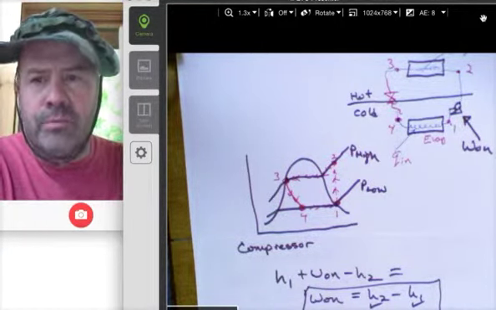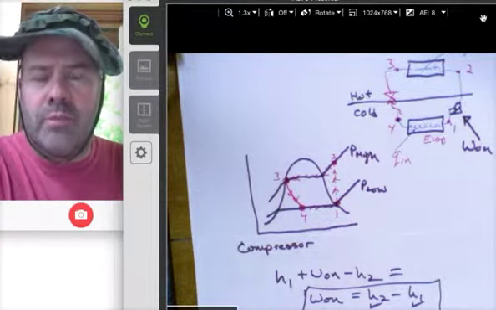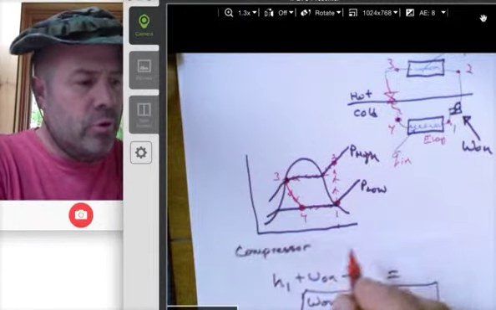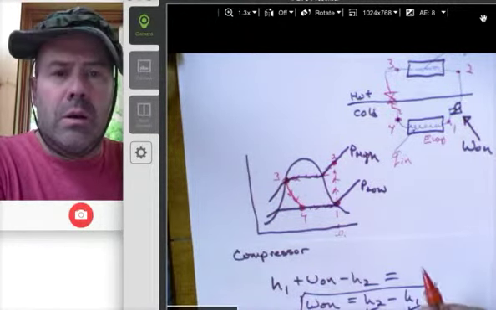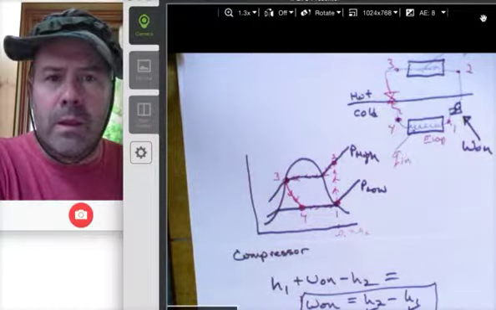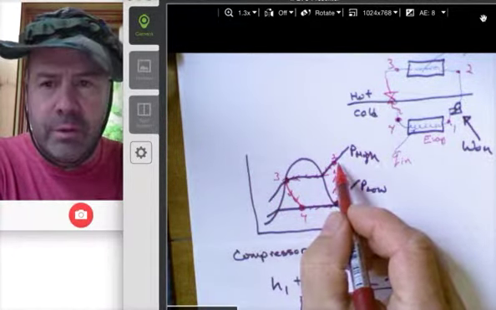The answer is yes. We did something similar in a previous video. We do know for point 1 the entropy, and we know that the entropy at point 2 is the same. Point 2 is a superheated vapor.